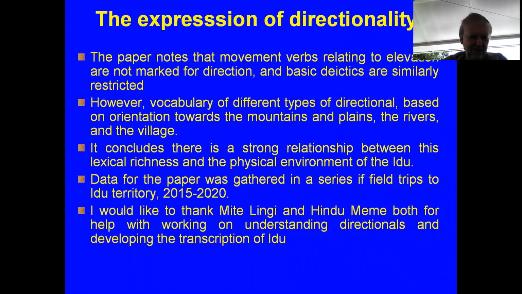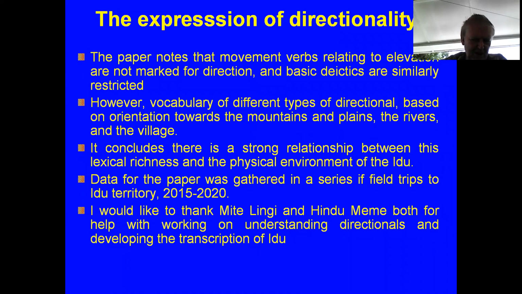Okay, expressing directionality and elevation and so on. Perhaps surprisingly, movement verbs relating to elevation are not marked for directionality and are thus pretty much the same as English: go up, go down, and so on. Similarly, basic deictics are restricted. They don't seem to have any implied directionality.